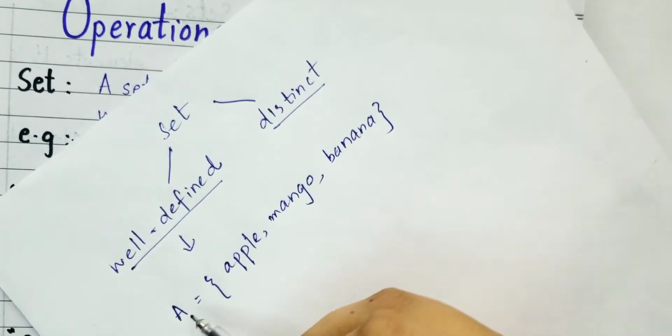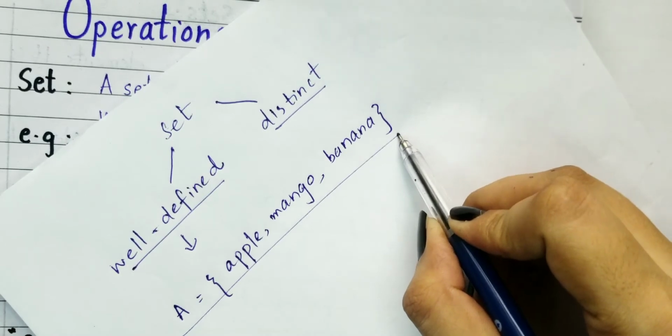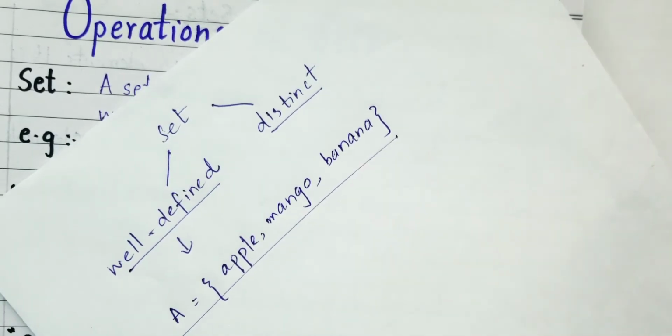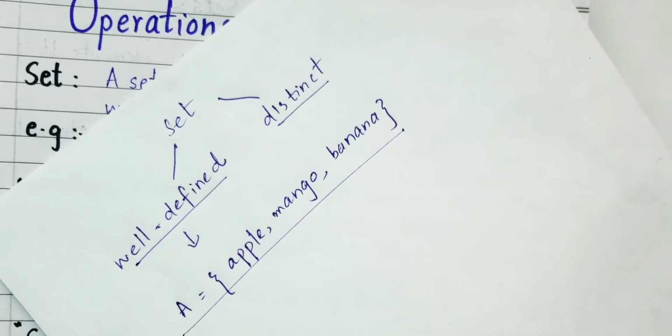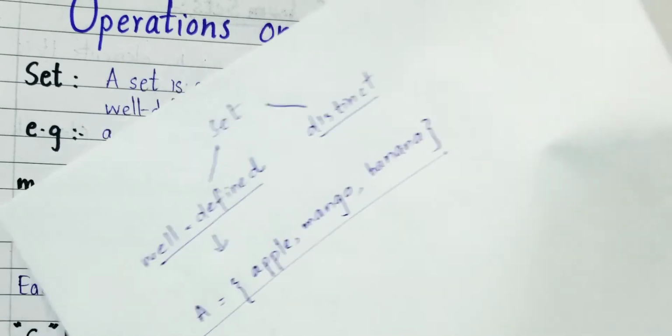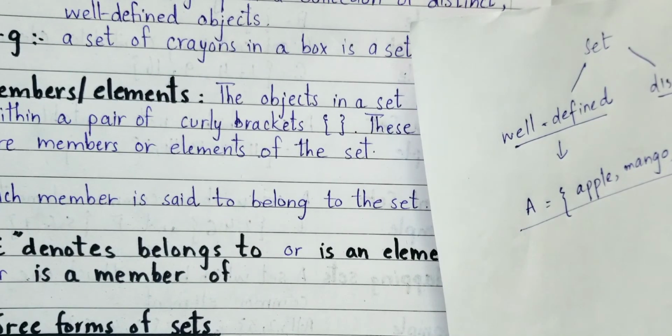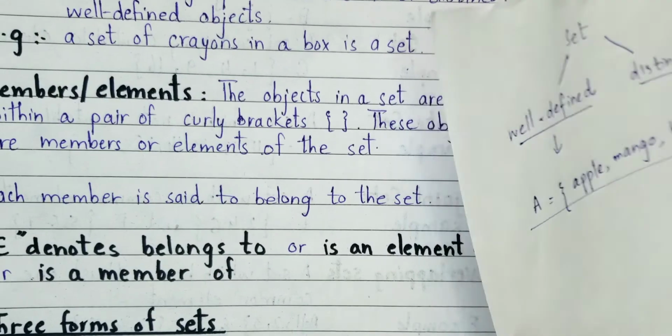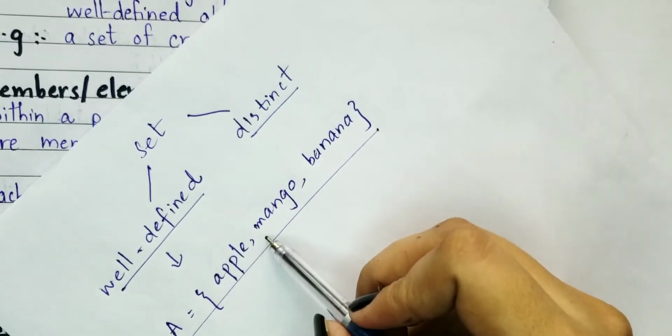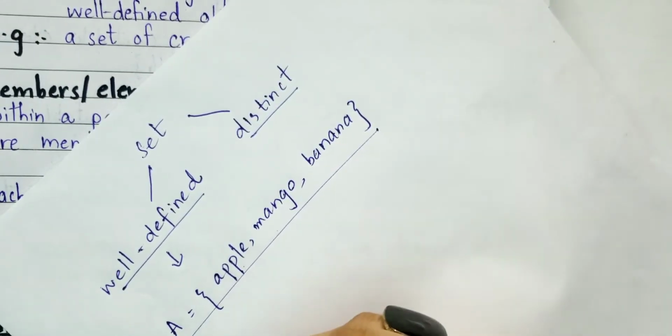So this set has three members. Alright, and these members basically belong to the set itself. Apple belongs to set A, mango belongs to set A, and banana also belongs to set A. So this is the whole concept or the idea. I am continuously saying that the objects are belonging to the set.